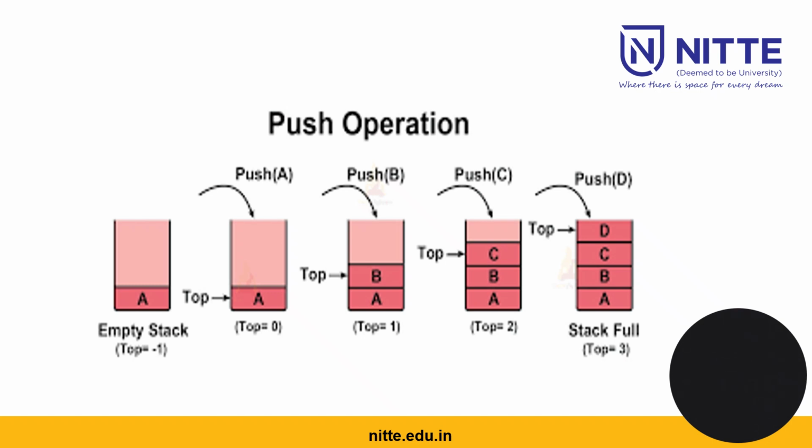Then I will push an element, that is C. Then it will get stored above the element B, and the top will get incremented to 2 from 1. Next I push the element D. Then D will get stored above the C element in the stack.